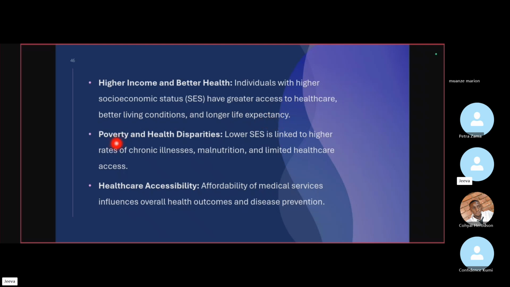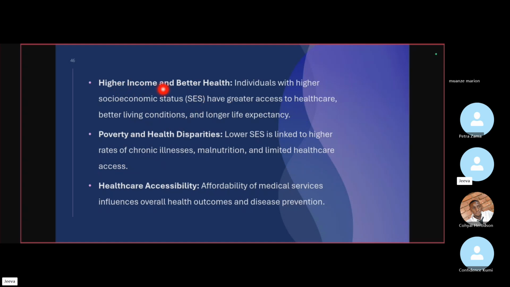Whereas for those who are poor, poverty and health disorders are linked: people with a lower socio-economic status have higher rates of chronic illness because they don't have much access to the healthcare system because of poverty. So it leads to chronic illness, malnutrition, and limited healthcare access. Understood? So this is how socio-economic status has an impact on health.